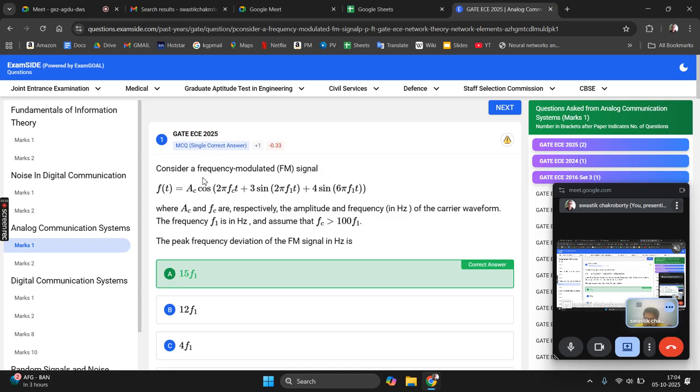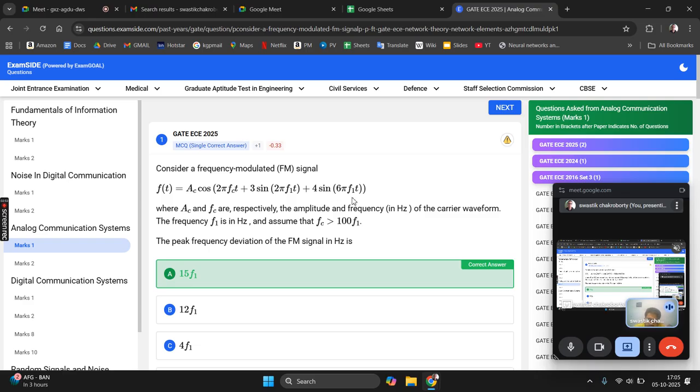2025 GATE paper. Consider an FM signal which is given as Ac cos(2 pi fc t plus 3 sin 2 pi f1 t plus 4 sin 6 pi f1 t). Here cos is the carrier, and inside there is 2 pi fc t which is the frequency term.